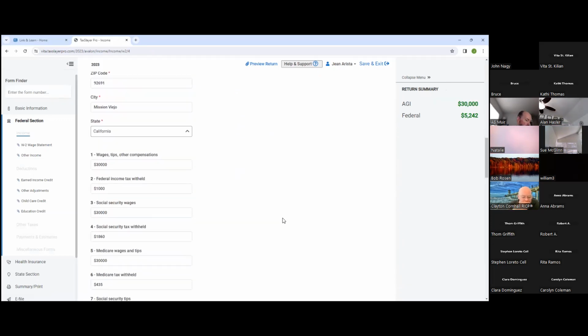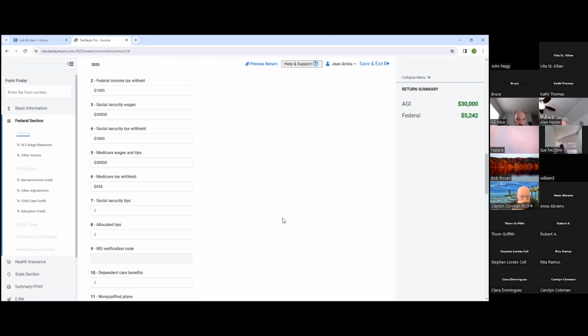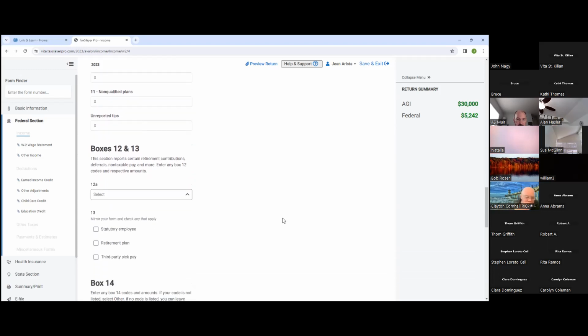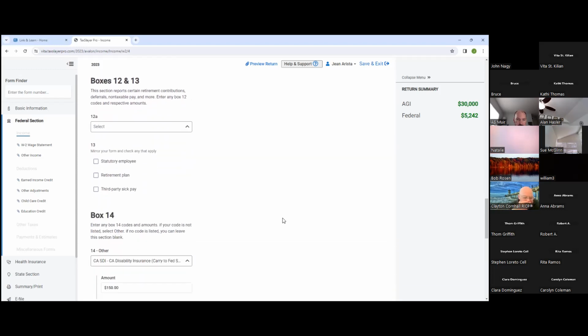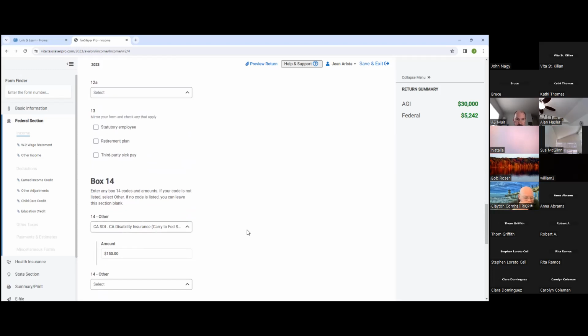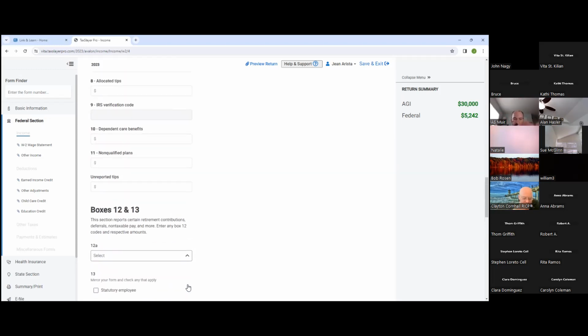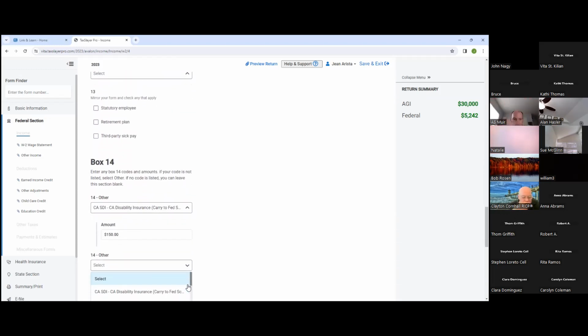Okay, I'm looking at my fact pattern, and she has insurance that's paid by the employer. And so let's go to the right box there. Okay, and that's not the right box, so hold on a second.